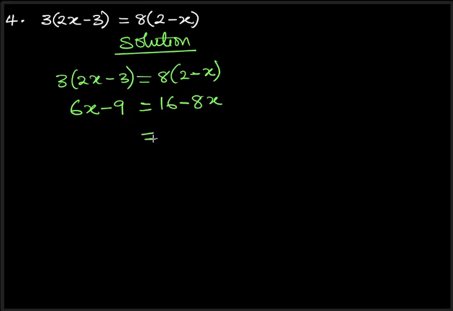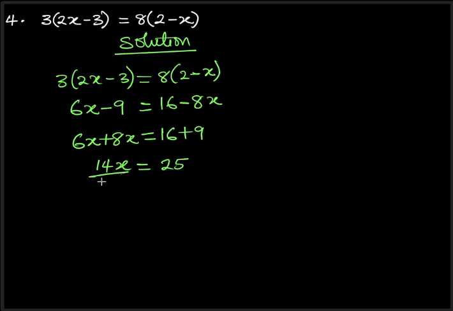So we collect like terms. Let's keep our variables on the left hand side. 6x is already there. Now minus 8x crossing over will give us plus 8x. And 16 is already on the right hand side, so minus 9 crossing over will give us plus 9. 6x plus 8x will give us 14x equal to 16 plus 9, that will give us 25.